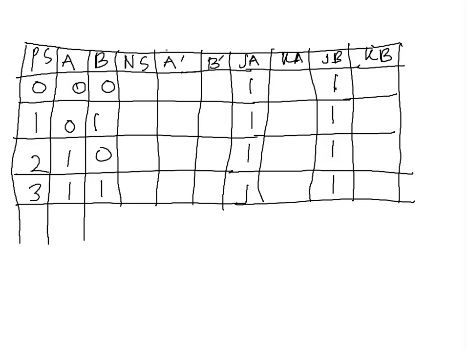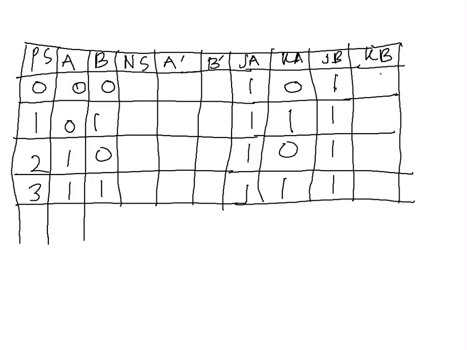This one B equal to 0, KA 0. B equal to 1, so yes, 1. This one 0. This one 1.